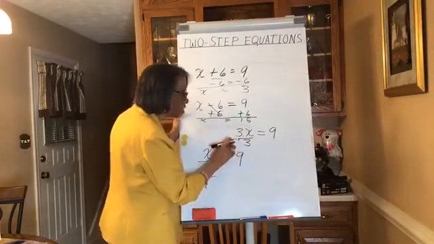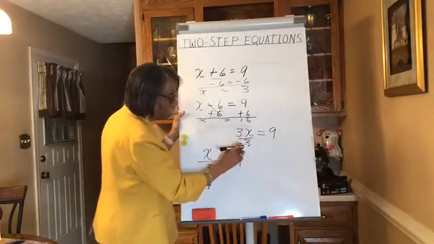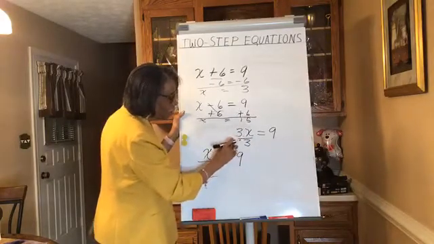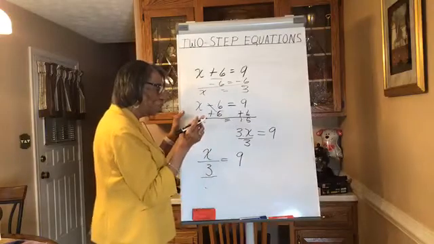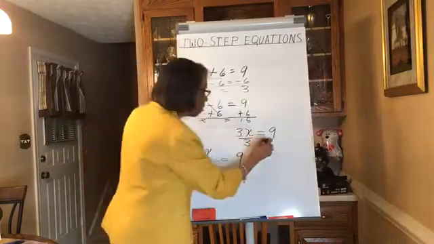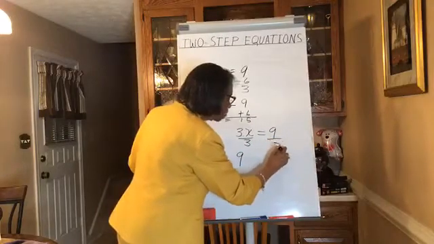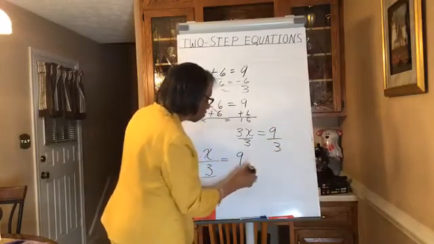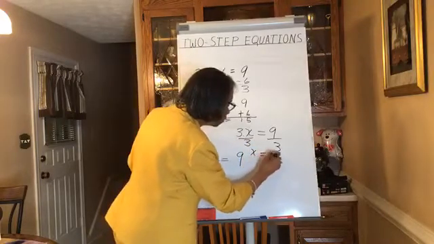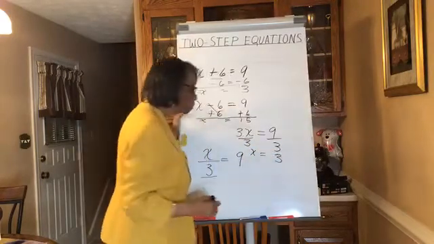And remember, this says 3x divided by 3, not 3x over 3. Please use the operational sign when you do an equation so you remember what the inverse operation is. So we must also divide 9 by 3. 9 divided by 3. And we get x equals 3.